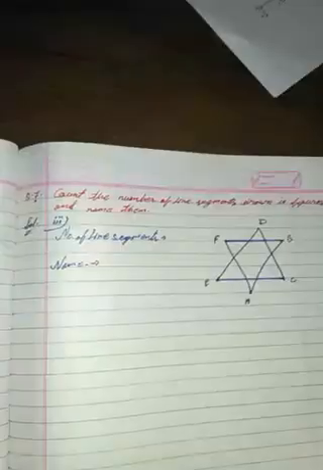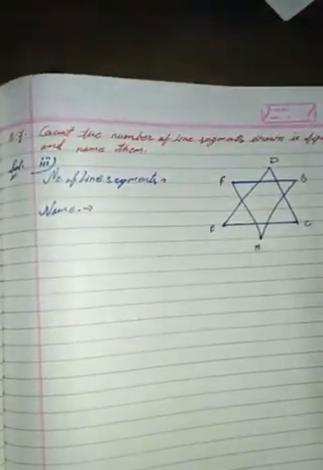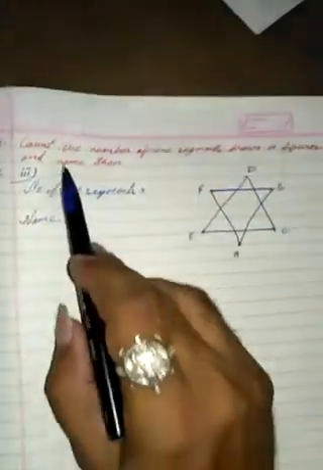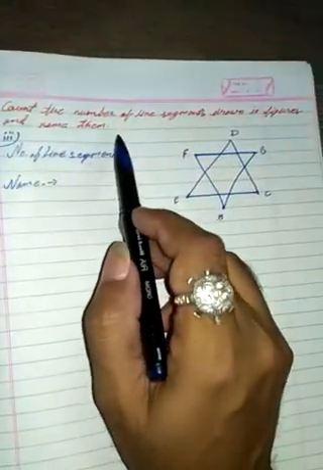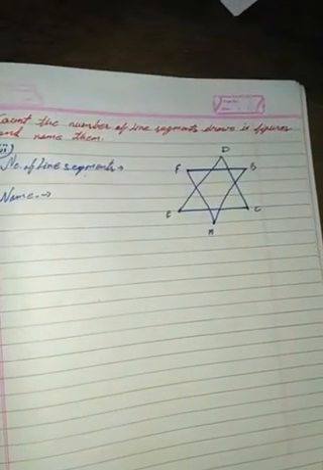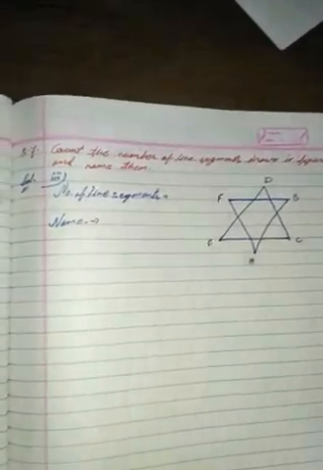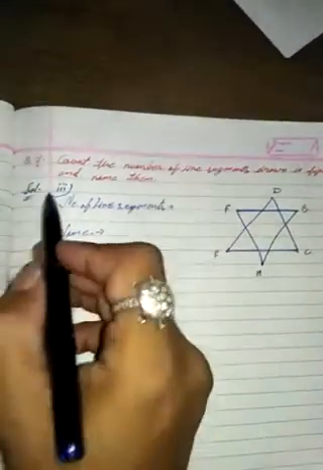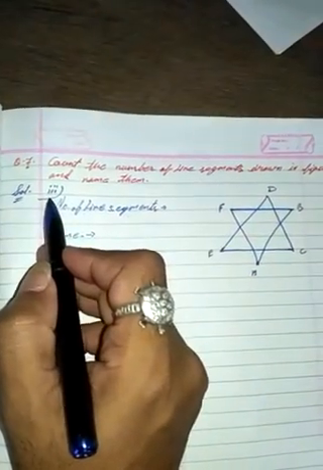Okay. Now we take question number 7. Count the number of line segments drawn in the figure and name them. Now we take the third part of this question. Okay.